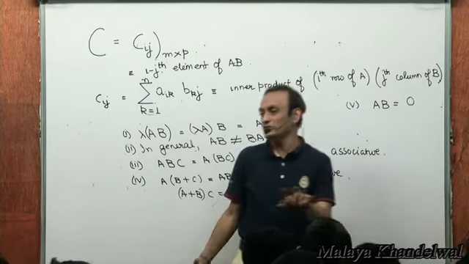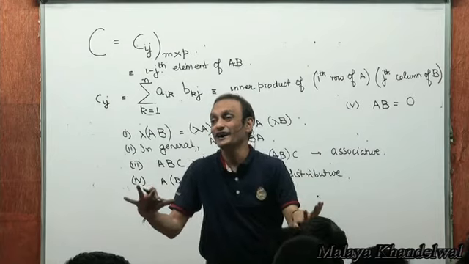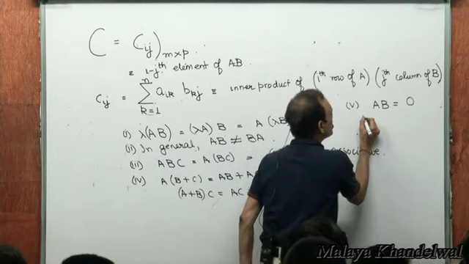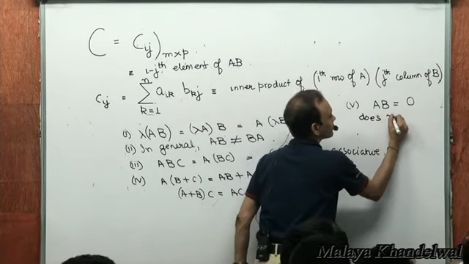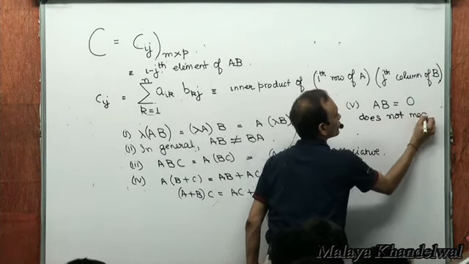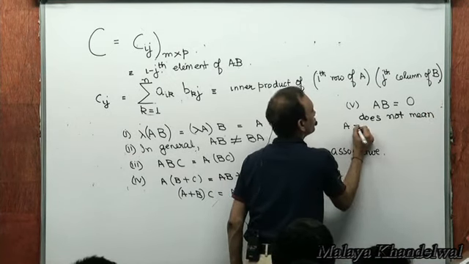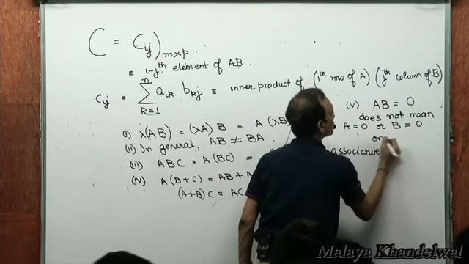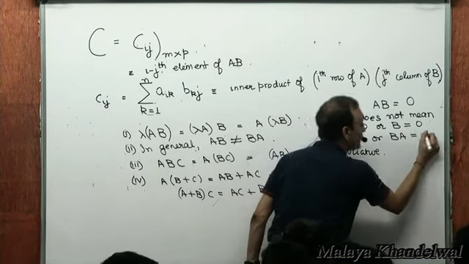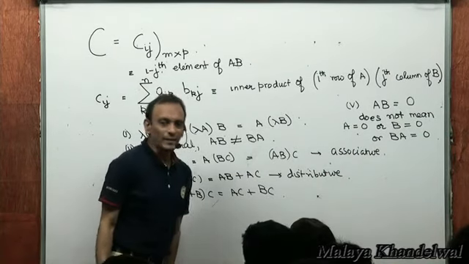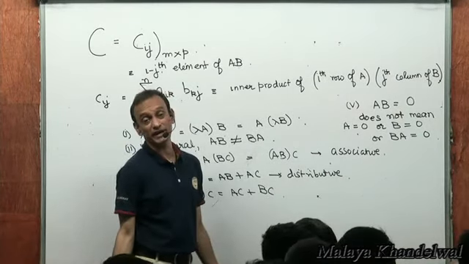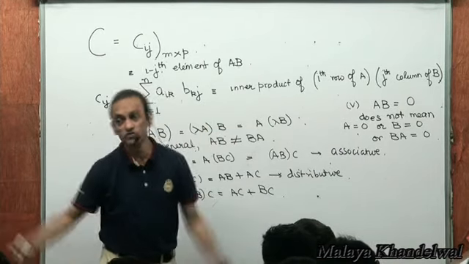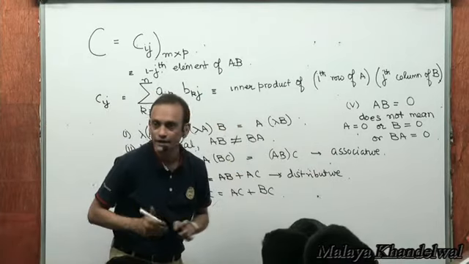If AB is a null matrix, it doesn't mean that A is 0 or B is 0 or BA is 0. In fact, BA may not even be defined. Maybe it's not even defined.